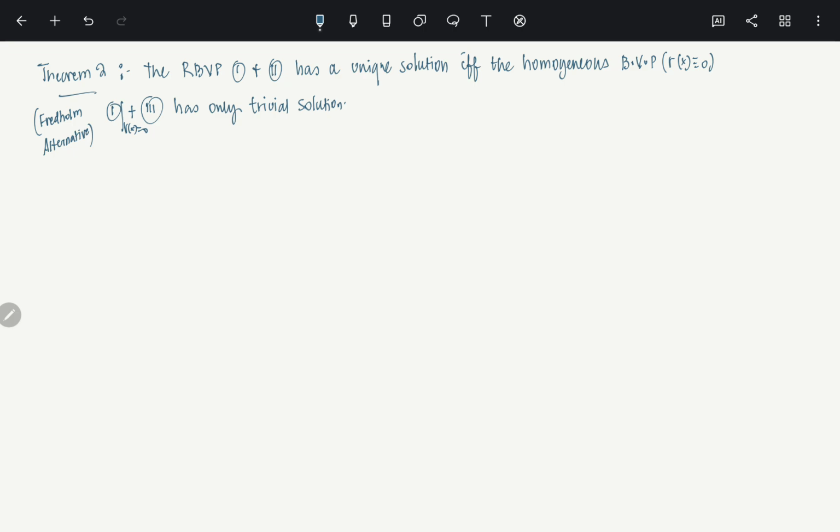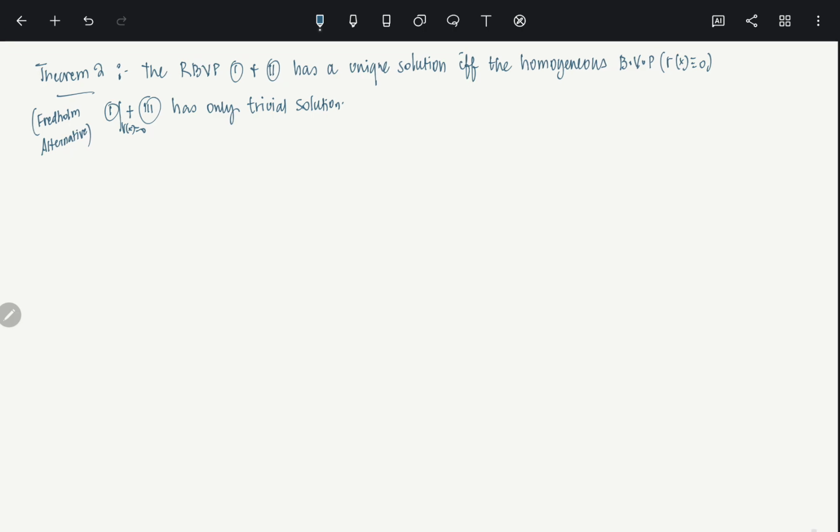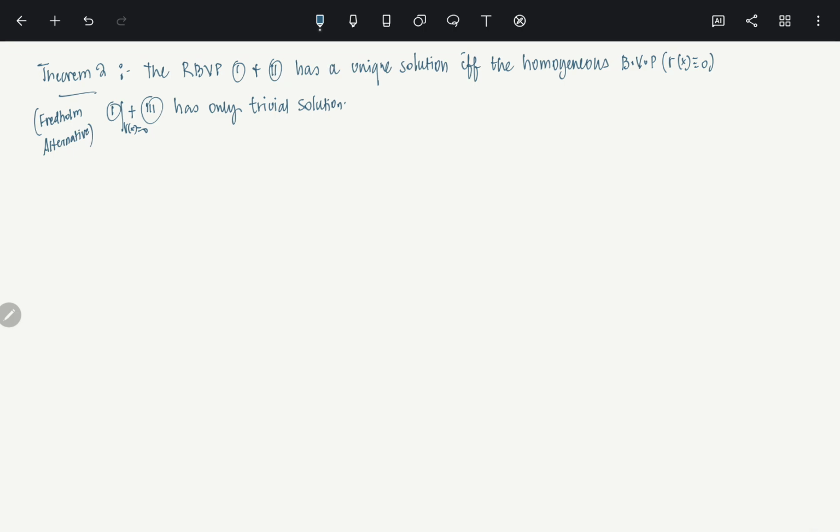But if it has only the trivial solution, then the inhomogeneous problem has a unique solution. So if you want to know whether the inhomogeneous problem has a unique solution, all you have to check is whether the homogeneous problem has only the trivial solution. It's all put together. Okay, so let's look at the proof.